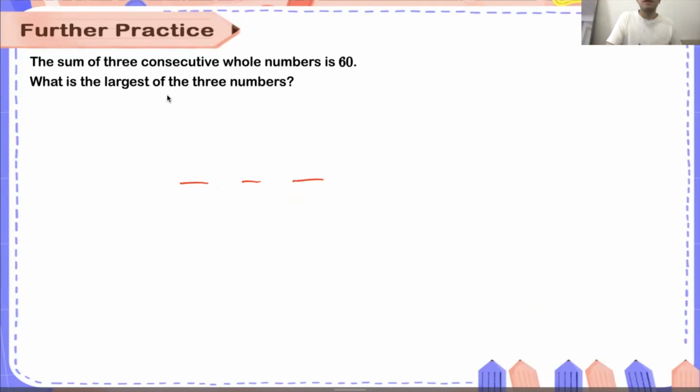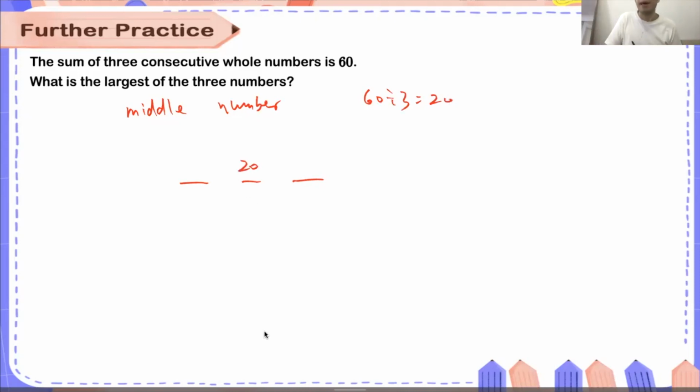Okay. First, we need to know that 3 consecutive whole numbers means we have an arithmetic sequence with 3 terms. We can use our middle number method. If we use 60 divided by 3, what we have is 20. That is the middle number, right?